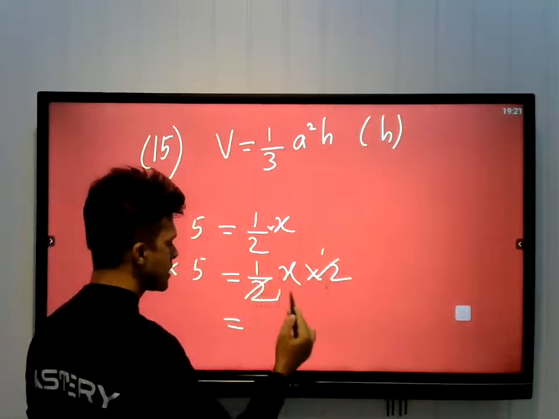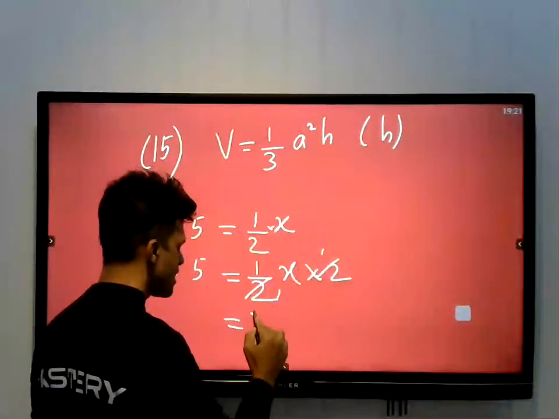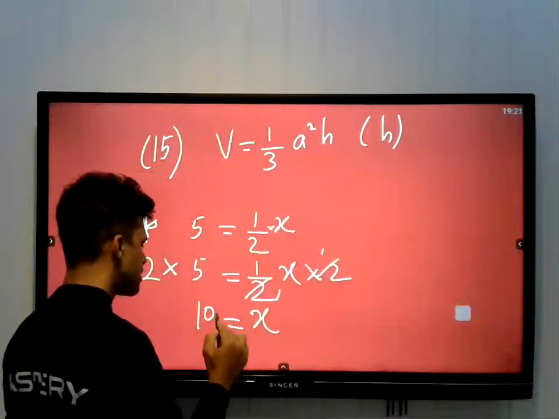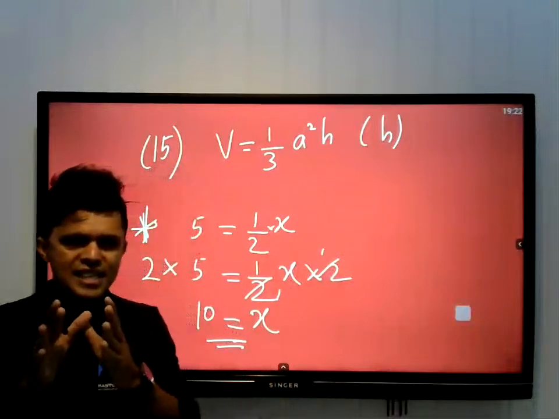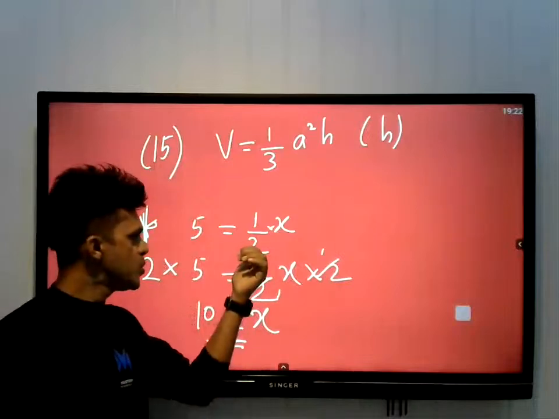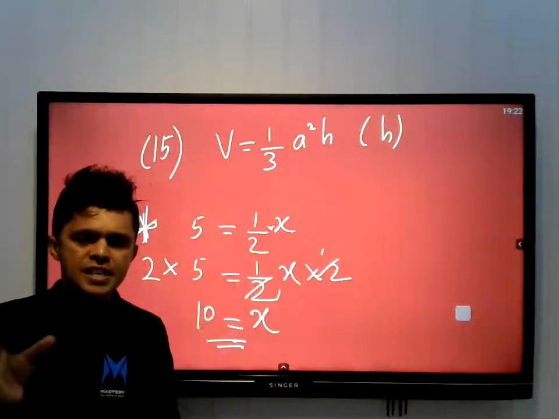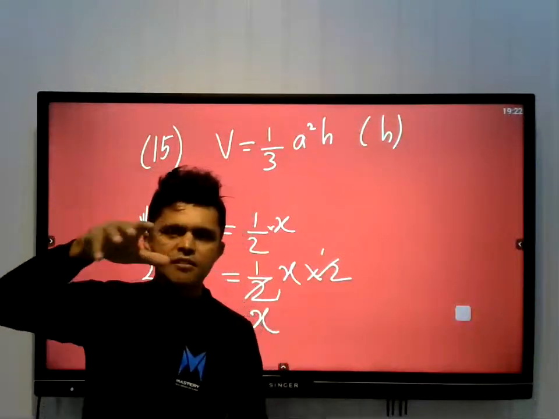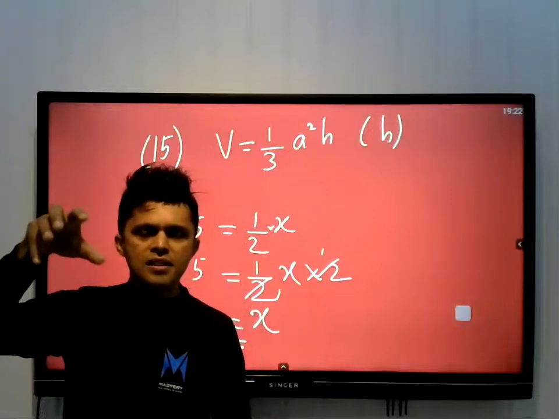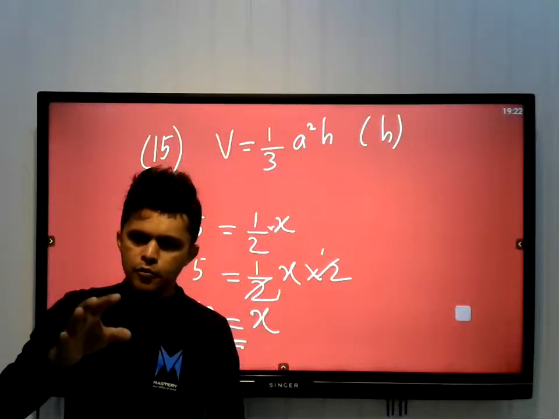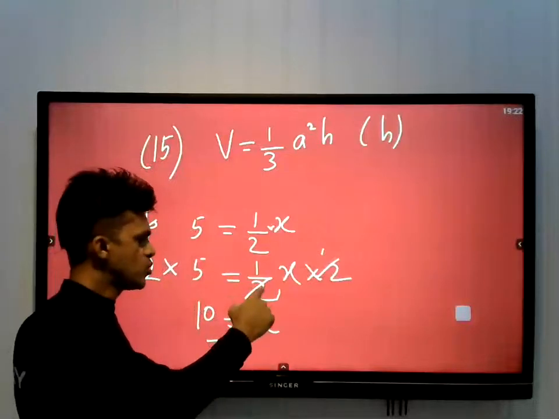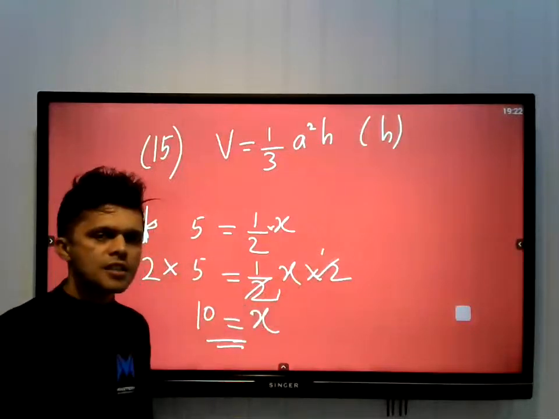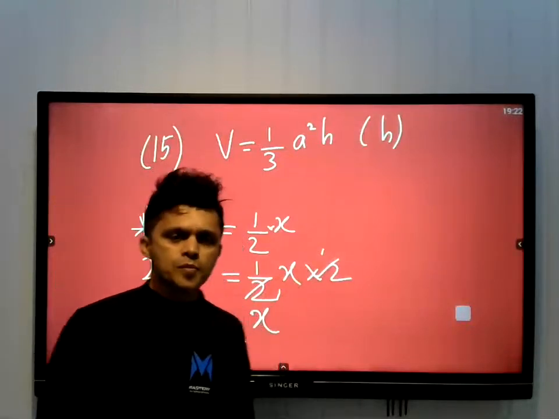So 1 into x is x, so x equals 10, or 10 equals x. Here there is 2 in the denominator. In terms of removing the value found in the denominator, we multiply both sides by 2.